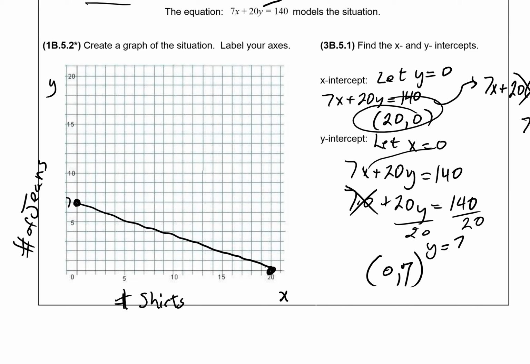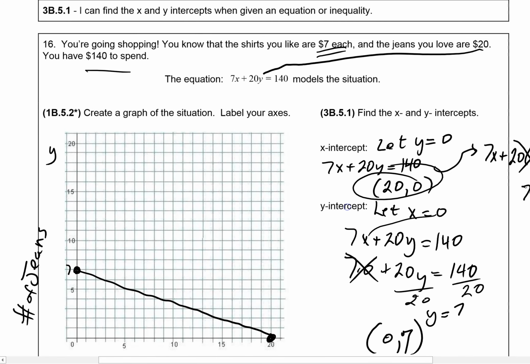This can sound funny, but if you did do that, you would then extend into areas where x is negative, and you can't have a negative number of shirts. Likewise, you can't have a negative number of jeans. Everything has to be in what we call the first quadrant, where x and y are both positive. So that's really what we've got in this regard.